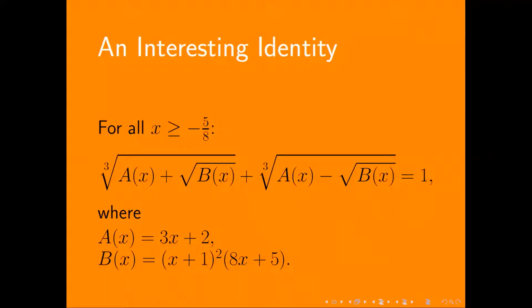Hello, everyone. Today, we discuss an identity: the sum of two nested cubic roots of polynomials equals 1.